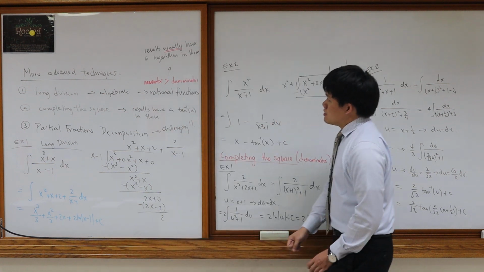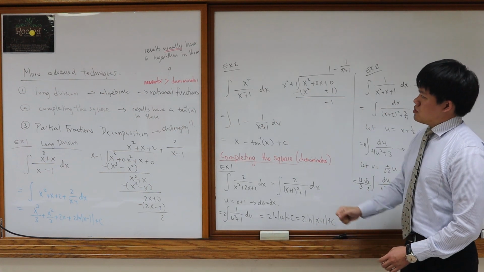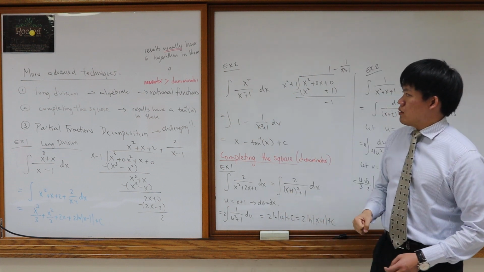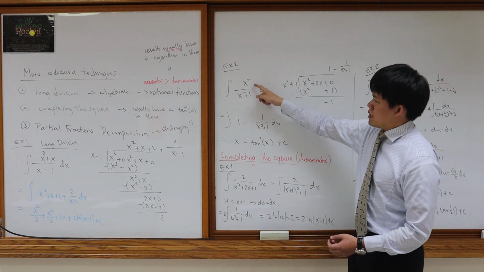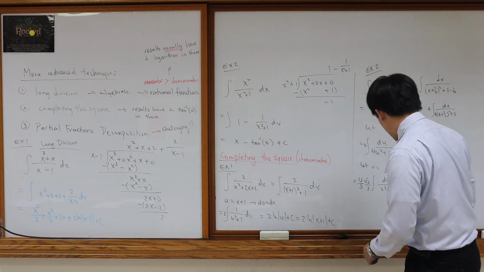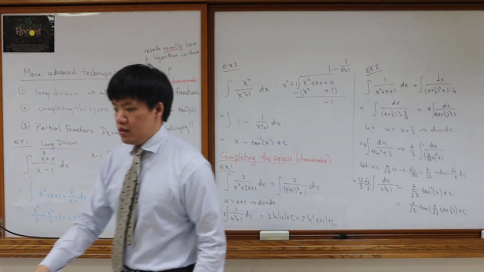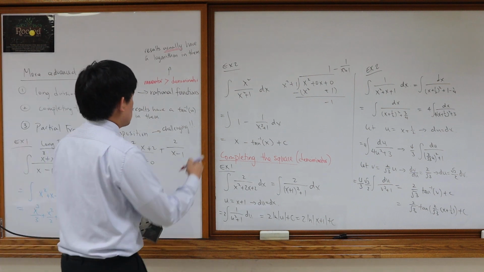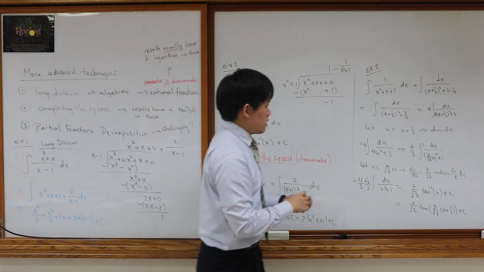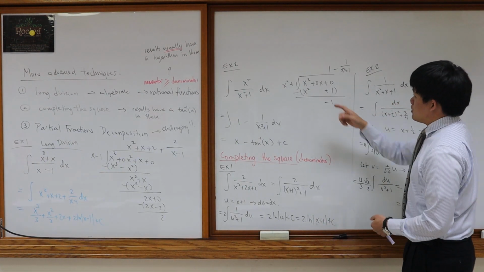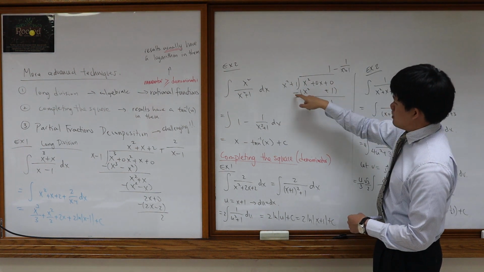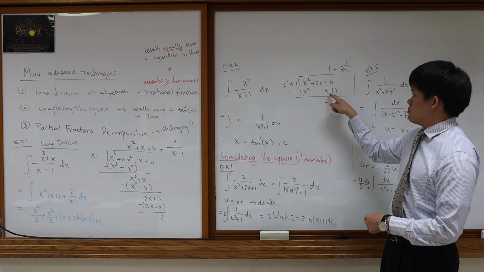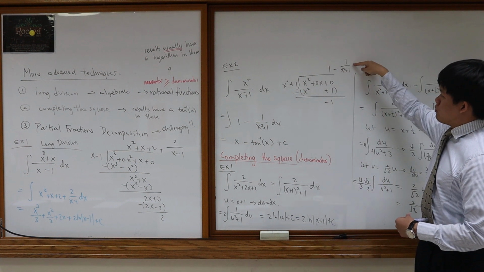Okay? The second example for long division is x squared divided by x squared plus 1. In this case, again, because they have the same degree, I should probably write over here that they have to be equal or greater than. So if you do a long division here, you end up with 1, and then you have minus 1 because 0 minus 1 is negative 1. And then you end up with this.